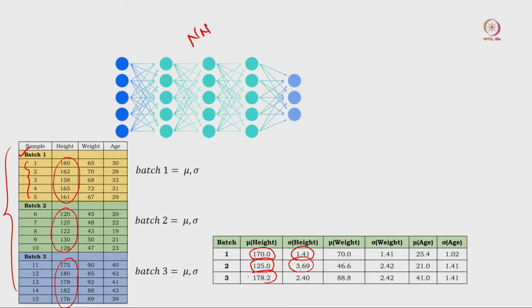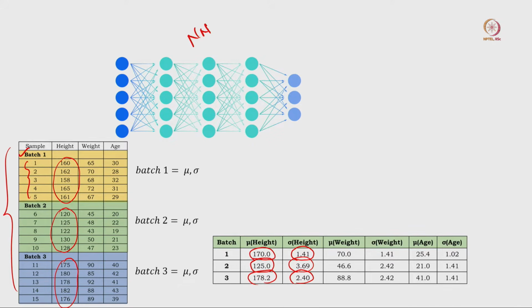Similarly, the mean and the standard deviation of a third batch differ. So there is a change: the mean and the standard deviation differ across the batches. Now, what exactly is the problem? As a result, the output of the layers, when you pass this data, will have a different distribution across the batches.